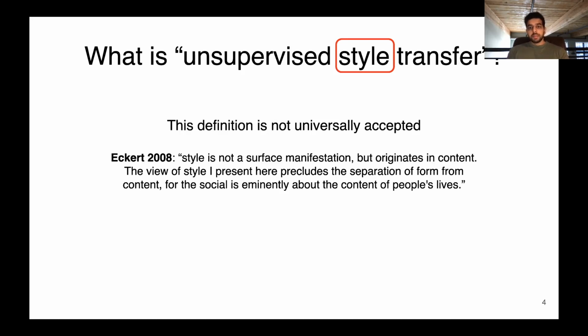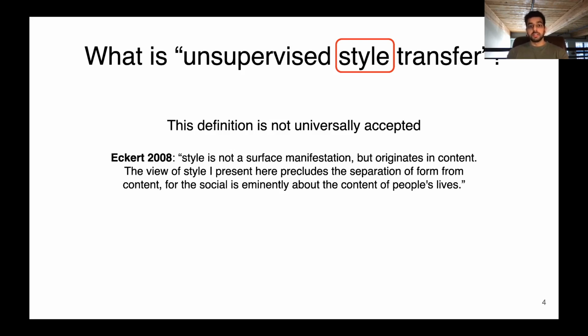Before moving forward, I just wanted to say that the definition of style that we are using is not universally accepted in sociolinguistics. In particular, many researchers have expressed that style cannot just be defined as these kinds of surface level manifestations of some desired way to convey information, right?